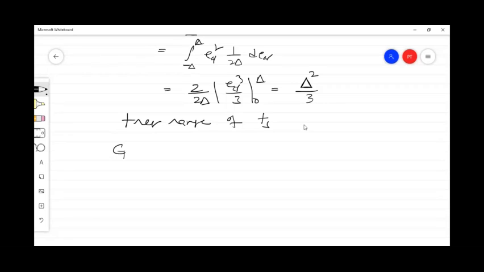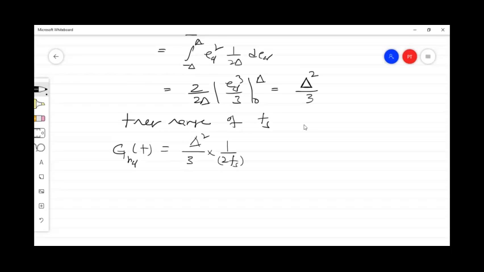Then we can write its corresponding noise power spectral density, Gnq of f, equal to the total mean square value delta squared by 3, divided by fs, into 2 times, because it is a two-sided spectrum. Okay, so I am writing it as delta squared by 3, into 1 by 2 fs.